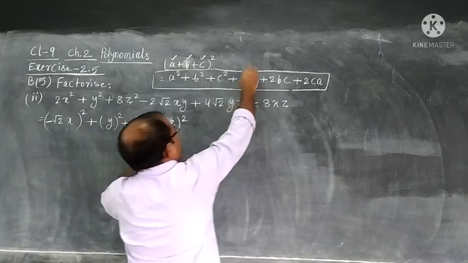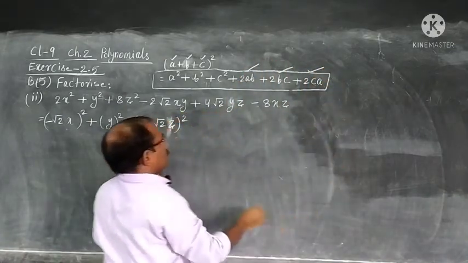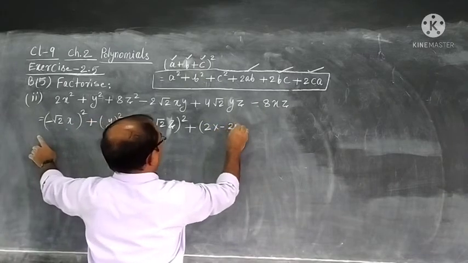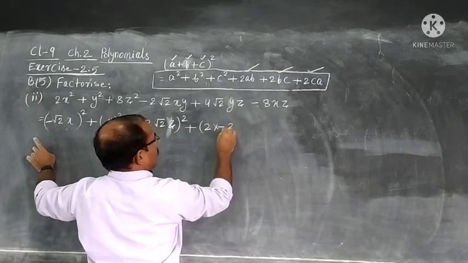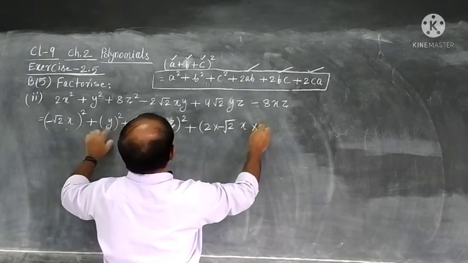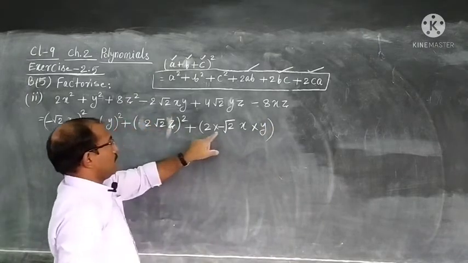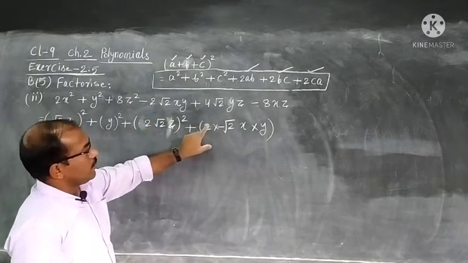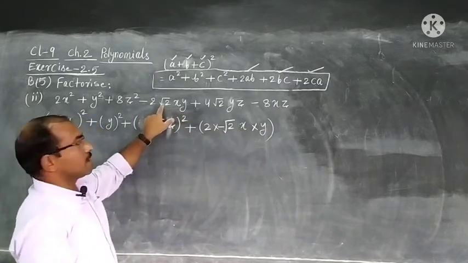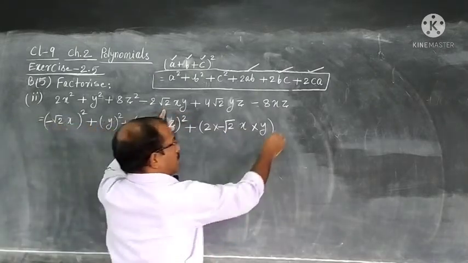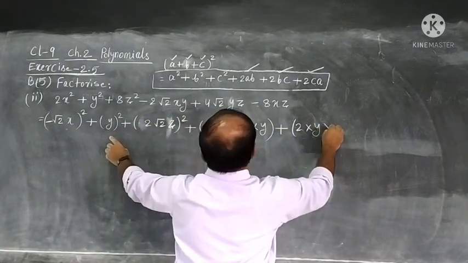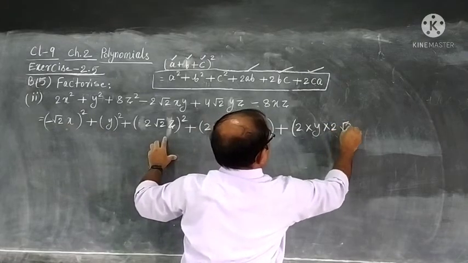And then these 3 now we will arrange: 2ab, 2bc, 2ca. Let us start. Plus 2, A is minus root 2 x, into b, b is y. And verify, after arranging it, you verify: 2 into minus root 2, so minus root 2 x y is coming by itself. Then plus 2 bc, b is y, and c is 2 root 2 z.